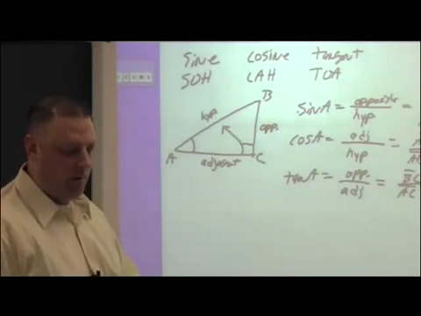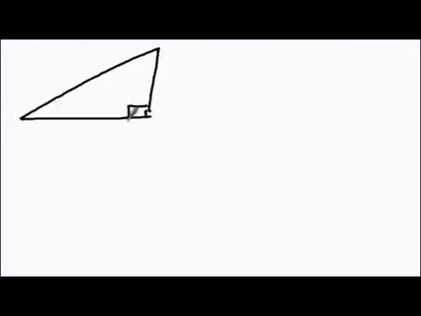So now let's take a look at a problem. Okay, I'm going to give you a right triangle, A, B, and C. And I'm going to give you a length of 10 here and a length of 8 here. So AB, the hypotenuse, is 10. AC is a length 8.